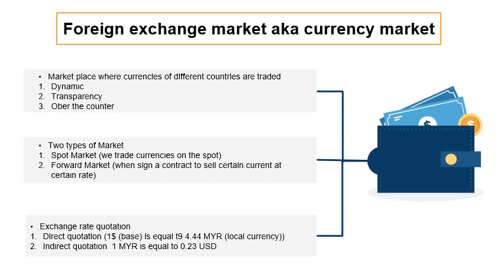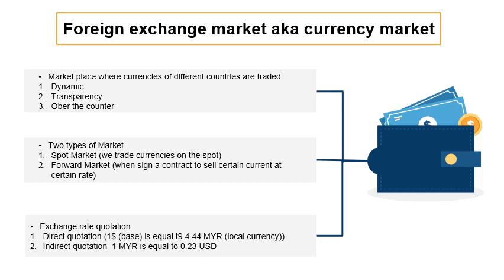The second one is the forward market. For example, I sign a contract with a person that I will sell the ringgit at a certain rate on a certain date. I will give it to you at a certain rate.